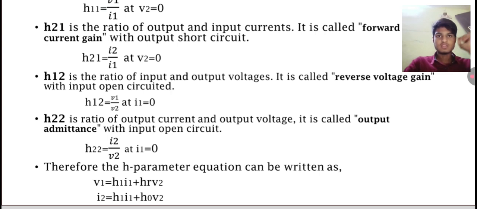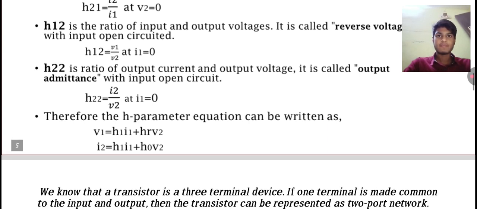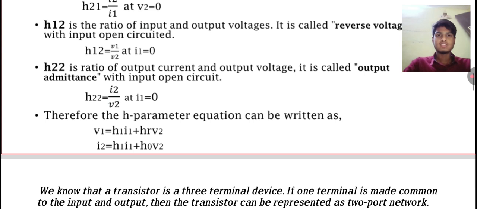H12, the third one, is the ratio of input and output voltage. It is called reverse voltage gain with input open circuited. H12 is equal to V1 over V2 at I1 equals 0. H22 is the ratio of output current and output voltage, called output admittance with input open circuit.